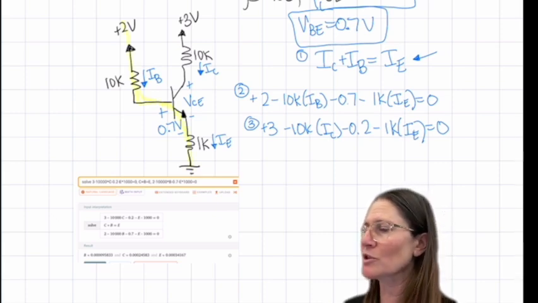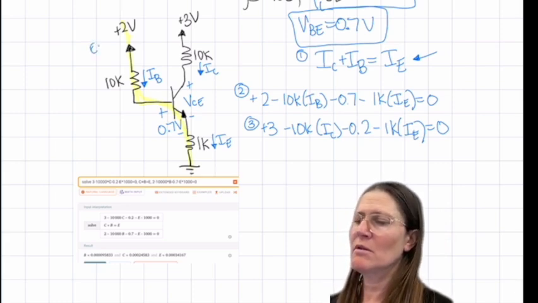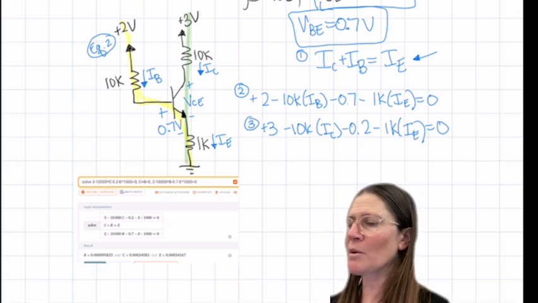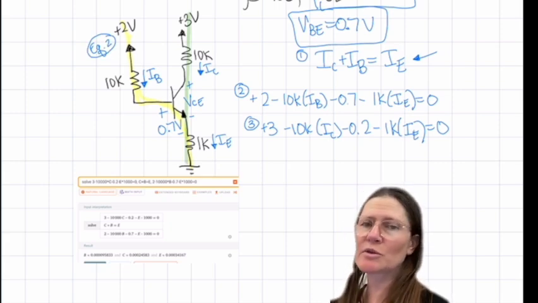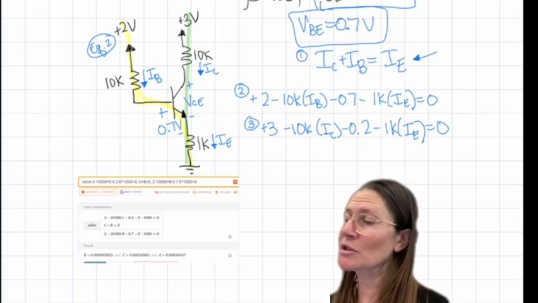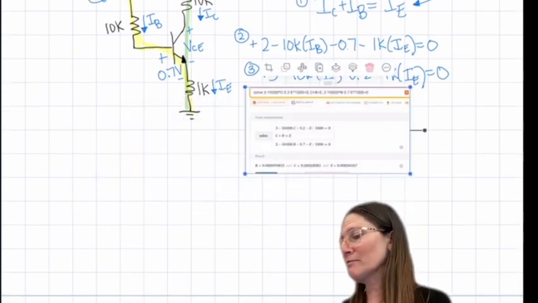So that's equation 2. And then you can take a loop from the collector side through to the emitter. This is equation 3. And then I would recommend a solver.